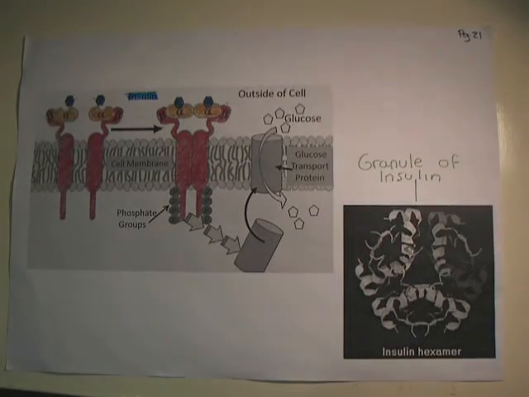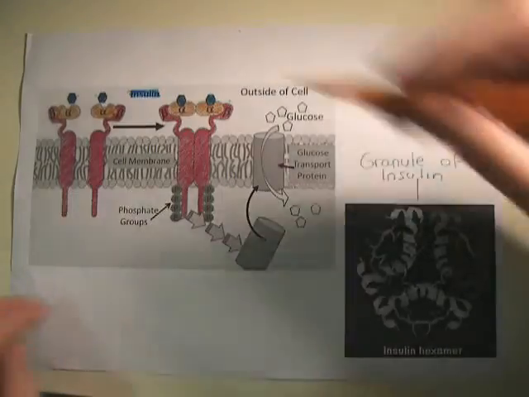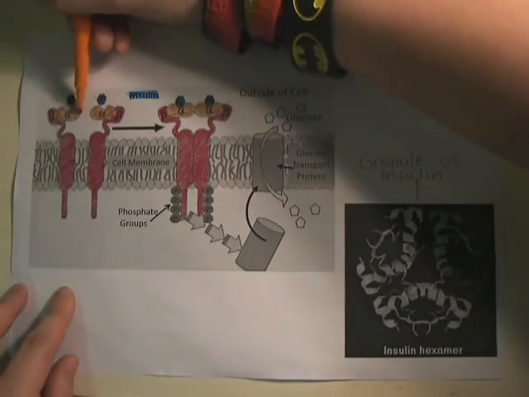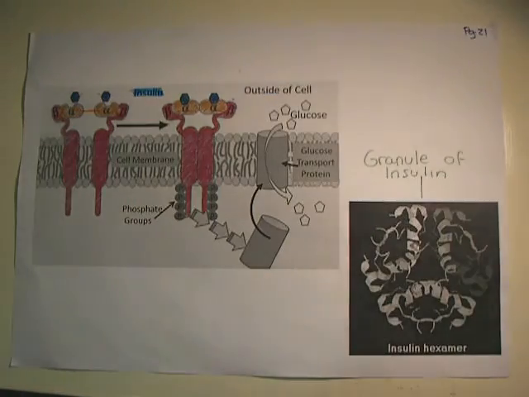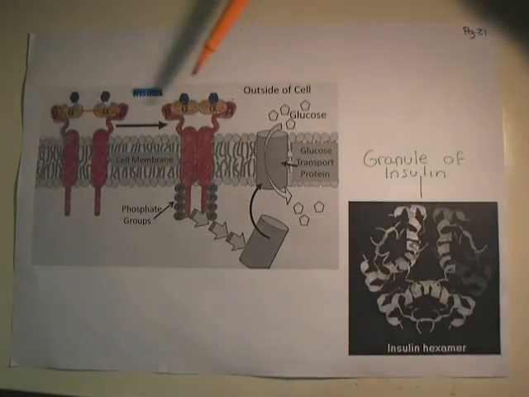Disulfide bridges connect the alpha subunits with the beta subunits. There is also a disulfide bridge which connects the two alpha subunits together. A hexamer structure of insulin is required to activate the insulin receptors of the cell membrane, as shown here in the diagram.